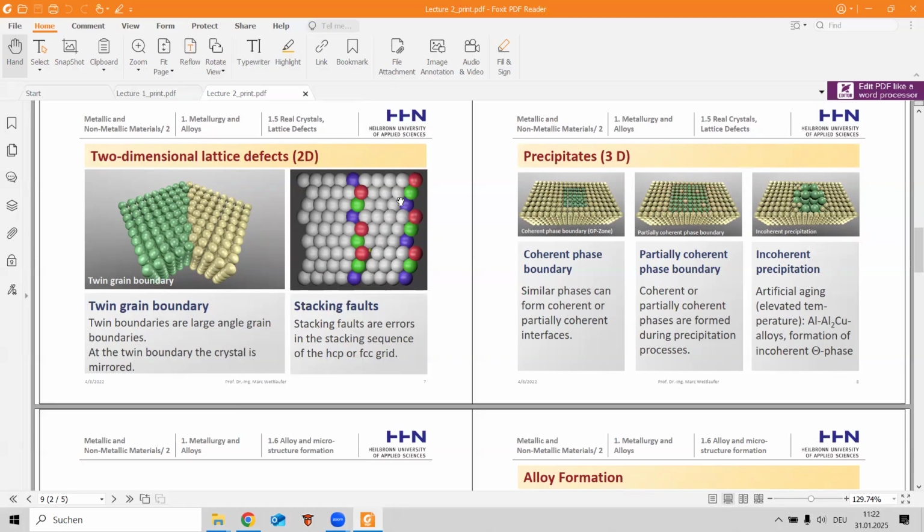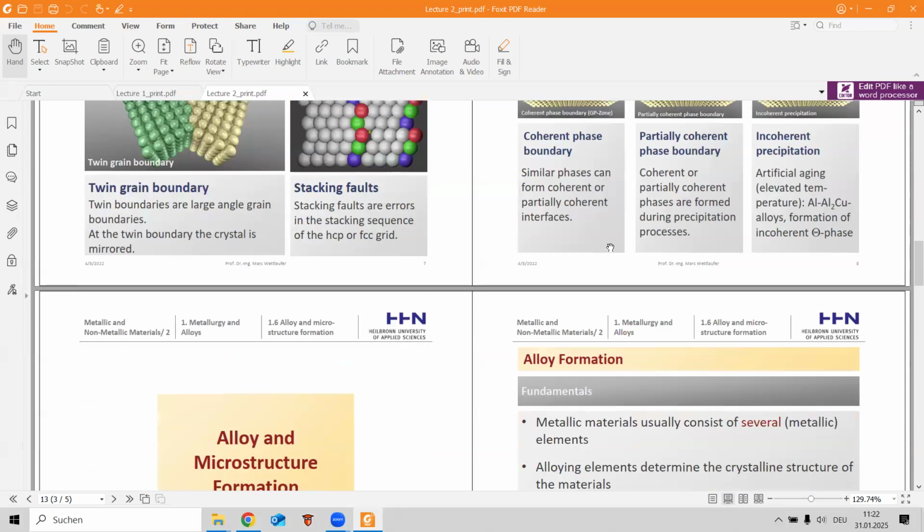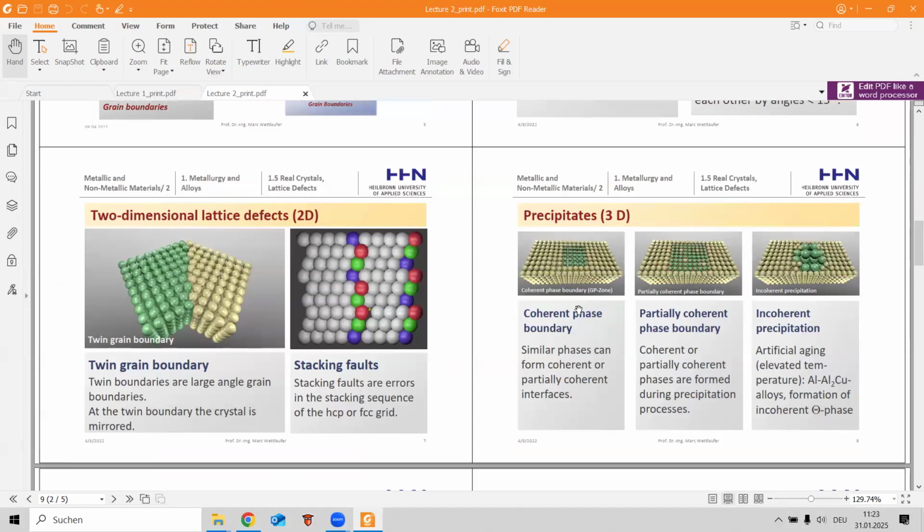And stacking faults. We have stacking faults, or errors in the stacking sequence of the hexagonal close-packed or face-centered cubic lattice. Precipitates are on a 3D scale. We have such defects as the coherent phase boundary, called GP zone, partially coherent phase boundary, and incoherent precipitation.